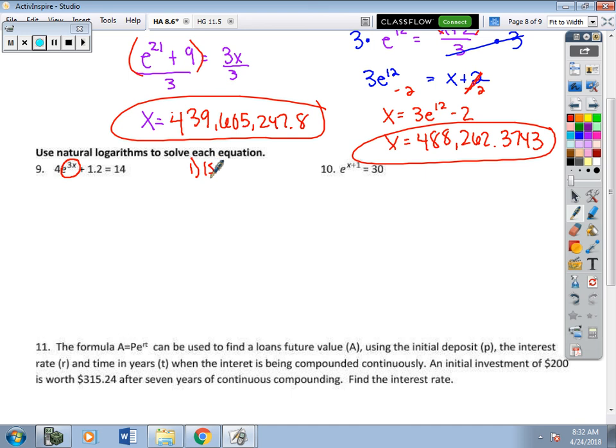Okay, so step one, we're going to isolate our exponential. So we will start by subtracting 1.2 on both sides, and then dividing by 4.